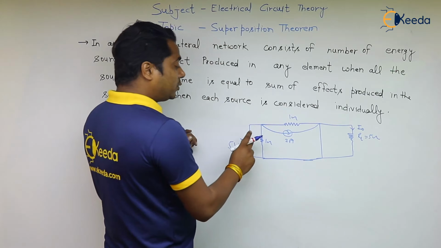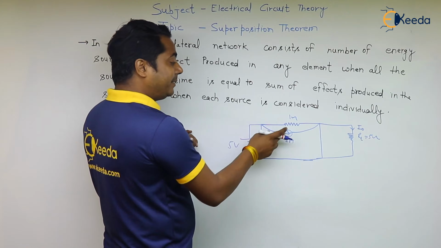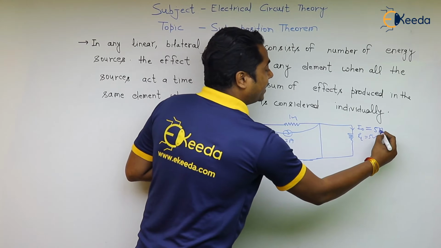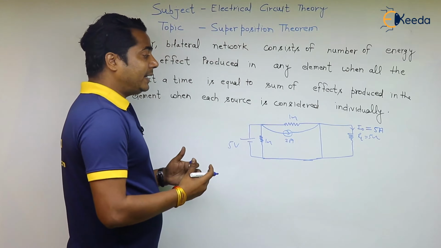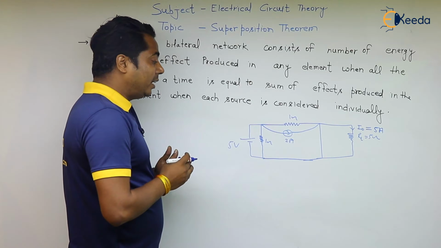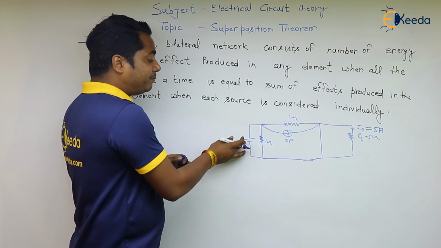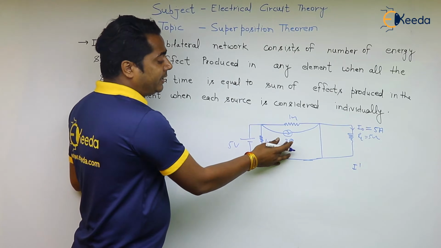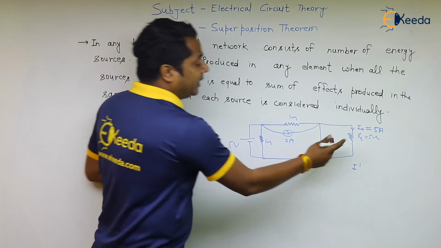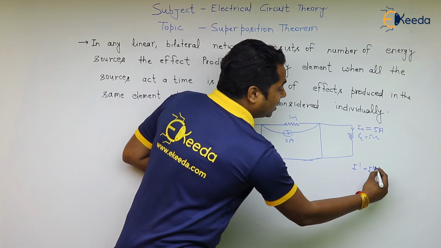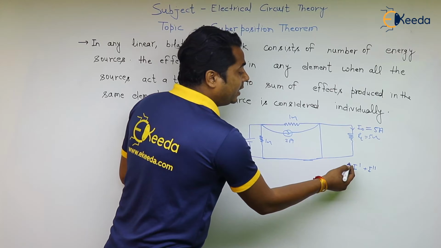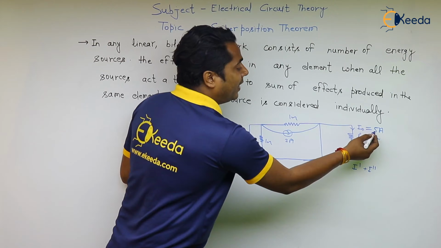When all the sources act at a time, let us assume the value of I naught is 5 ampere. And when we take the circuits individually, once we take the 5 volt source and calculate I dash, and once we take the 2 ampere source and calculate I double dash, then the algebraic sum of these two currents taken individually will be equal to this 5 ampere.